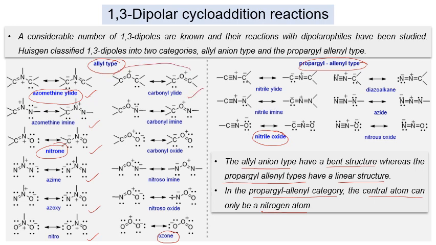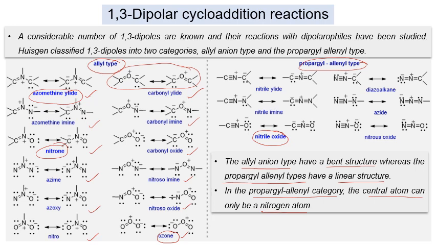This is a very important class of 1,3 dipoles, and in your higher classes, you will see metal-mediated synthesis of carbonyl ylides and their cycloadditions to dipolarophiles, leading to oxygen heterocycles. You can have carbonyl imines, carbonyl oxides, nitrosoimines, nitroso oxides, and like we mentioned, you can have ozone, which leads to an oxidation of an alkene.